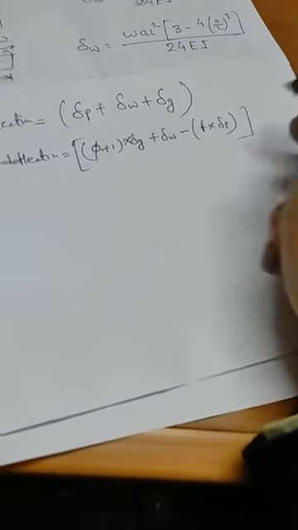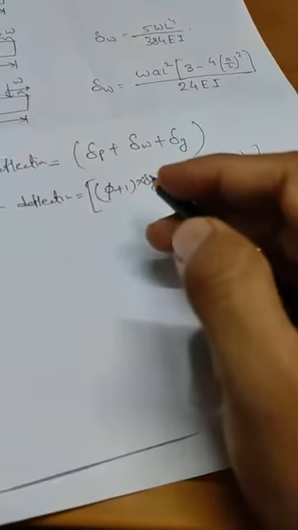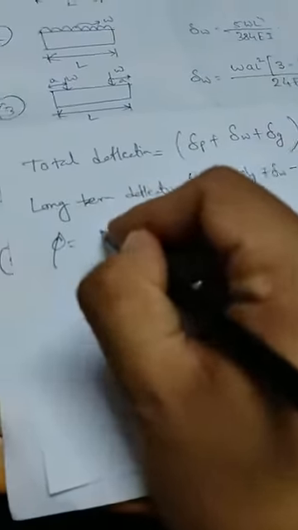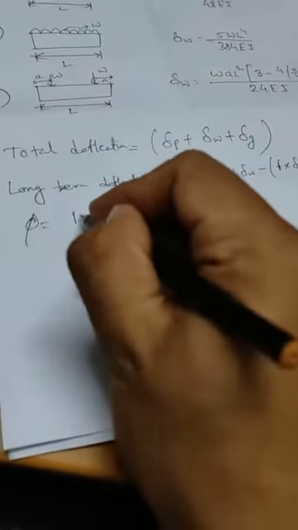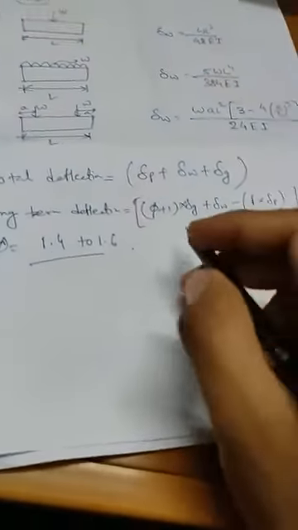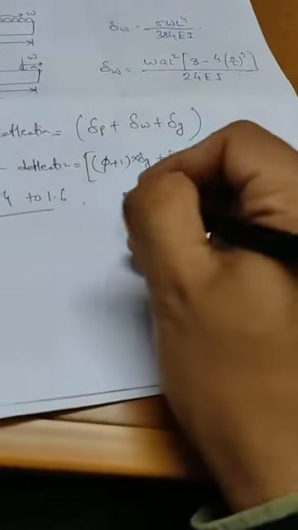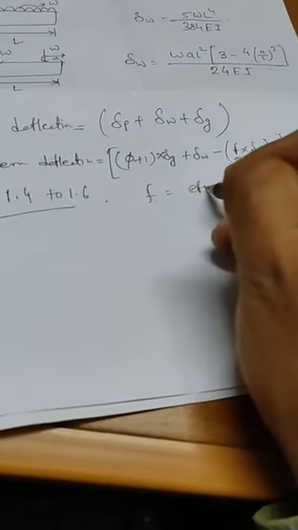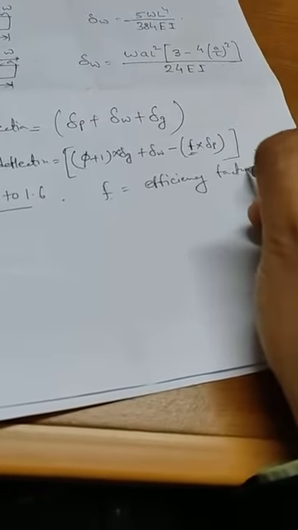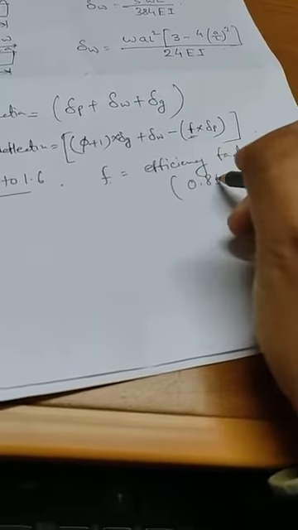Now here there are two unknown parts, that is phi. Phi is the creep coefficient, and the value of the creep coefficient lies between 1.4 to 1.6. Okay, and F is the efficiency factor, and the efficiency factor lies between 0.85 to 0.9.